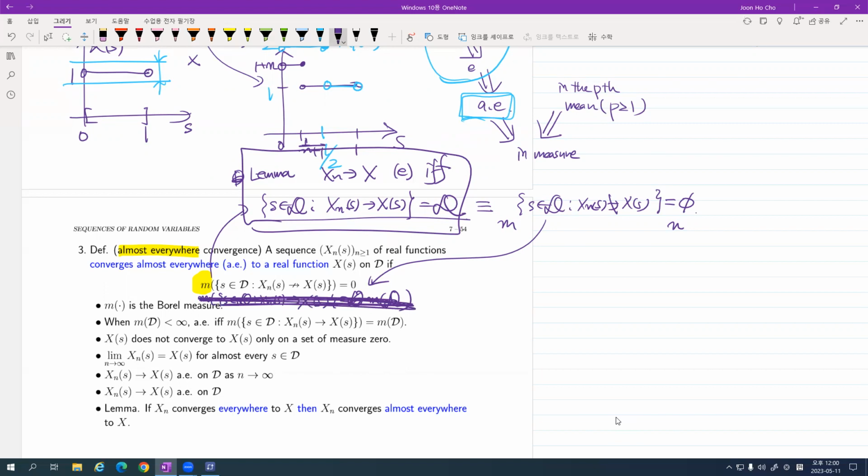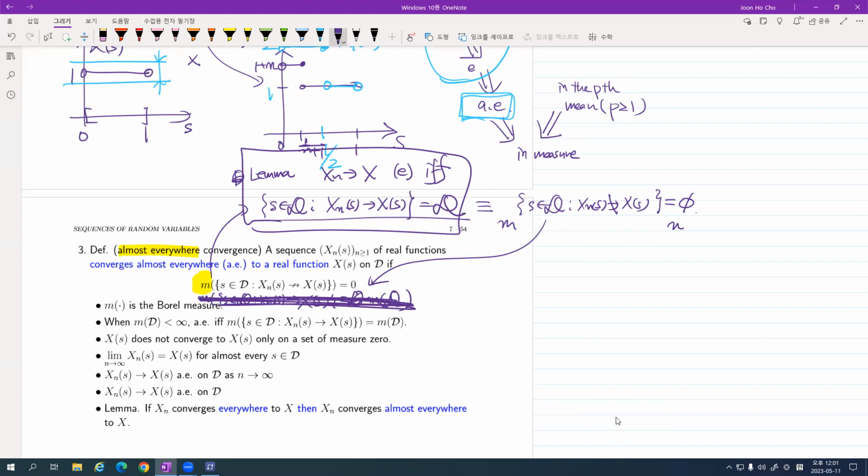So this is the almost everywhere convergence definition. You find the set S, a subset of D, where the sequence of real numbers does not converge to the limit, and that set has measure 0.